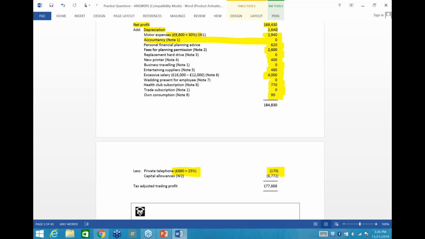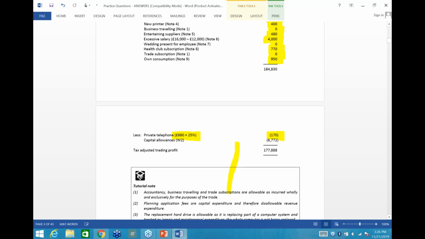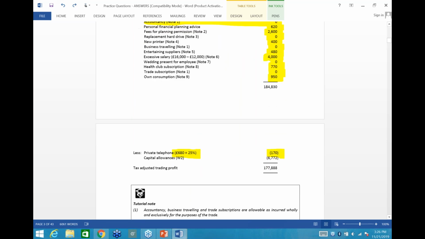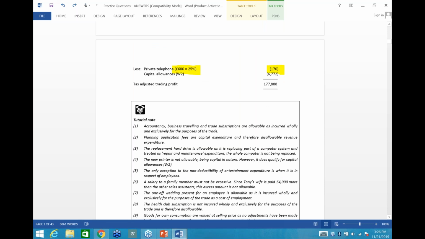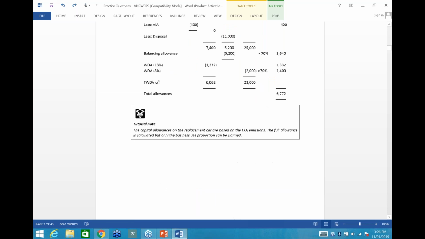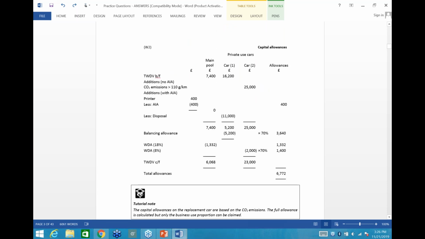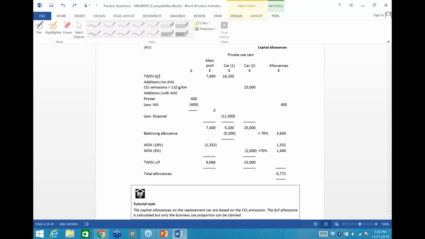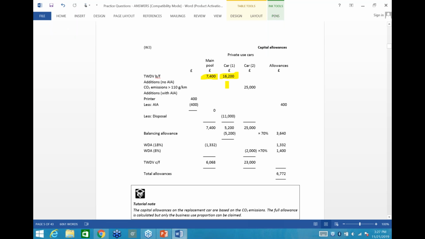Okay, now we will look at the capital allowance computation, a simple and a straightforward one. So this is how you do the computation. The main pool has an opening balance of 7,400. Private use car, the old one, that's why we call it car one, has an opening tax written down value balance of 16,200.